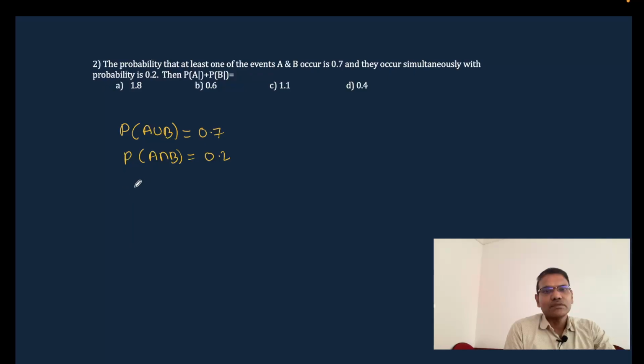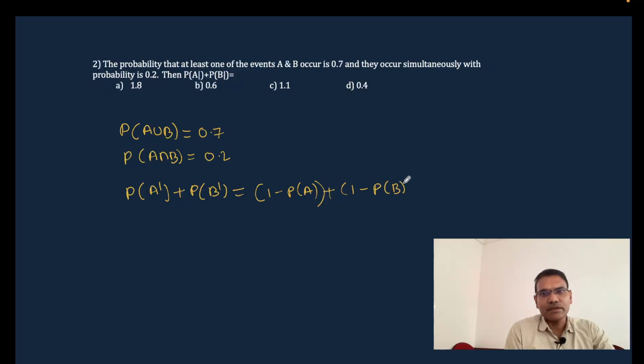Now it is asking to find P of A dash plus P of B dash. So we know the formula P of A dash is 1 minus P of A, and this is 1 minus P of B, right?